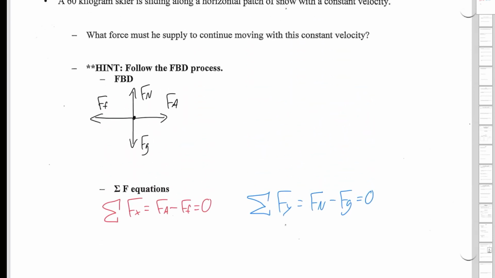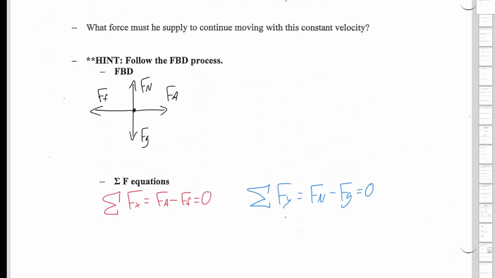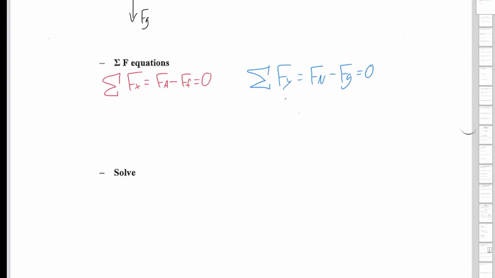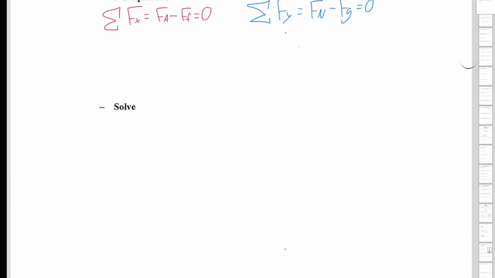So we want to know how much force needs to be supplied to continue moving with this direction. Now we'll find that we actually aren't given any of the actual forces. All that we're given is that the mass is equal to 60 kilograms. But if we're given the mass, then we can find what the force of gravity is equal to, mg.